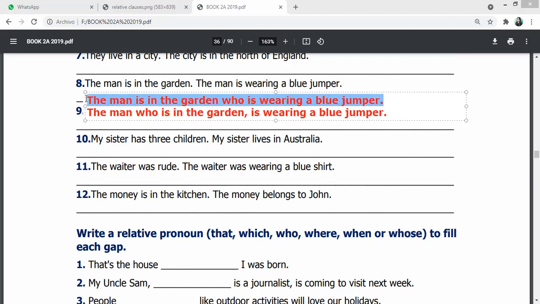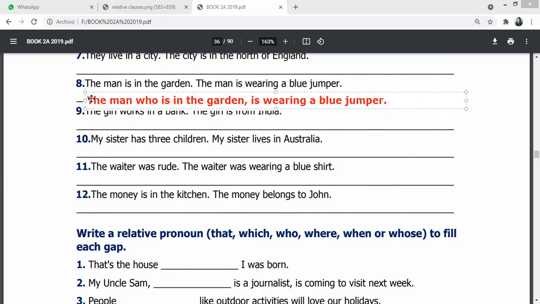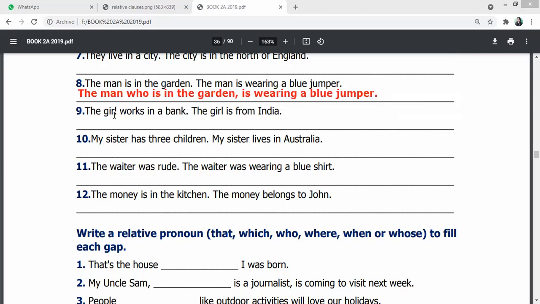In this case, we're going to use the second one. The man who is in the garden is wearing a blue jumper, okay? Or also we can say, the man who is wearing a blue jumper is in the garden.